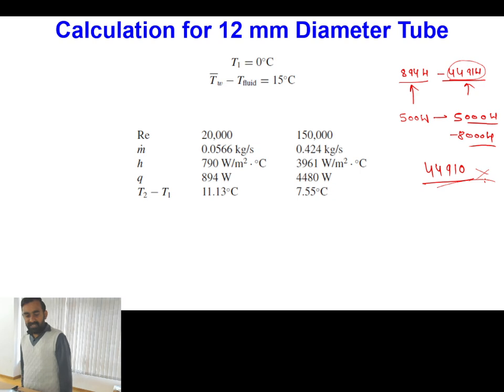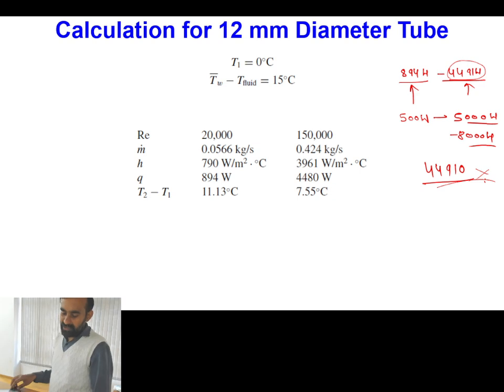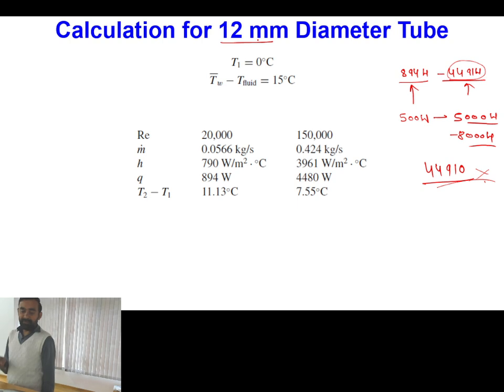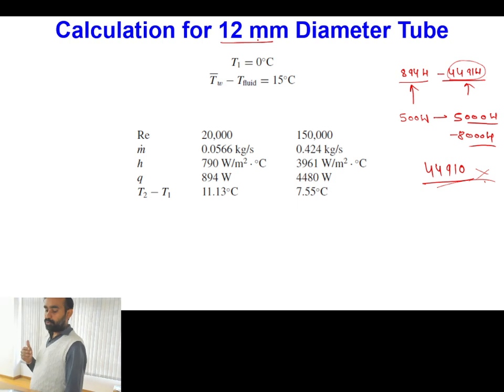So initially we will take a representative tube. Out of the range of 2 mm to 35 mm, one representative tube size we are considering is 12 mm diameter, which is more suitable from the market availability point of view.